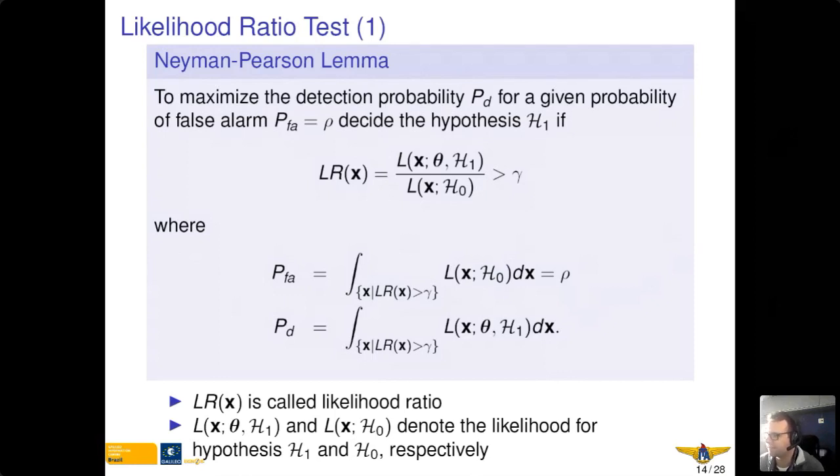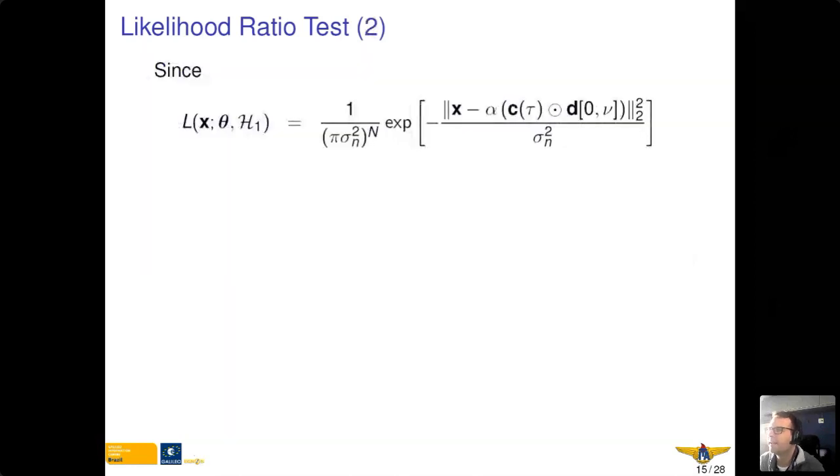We have discussed this. The L_x of theta under H1 and L_x under H0 denote the likelihood for hypothesis H1 and H0 respectively. The likelihood with respect to H1 is the likelihood that there is signal plus noise, and we also have the likelihood if there's only noise. This looks like this: we have no signal present, only noise.